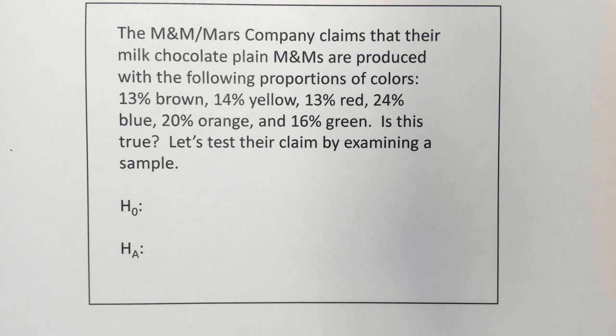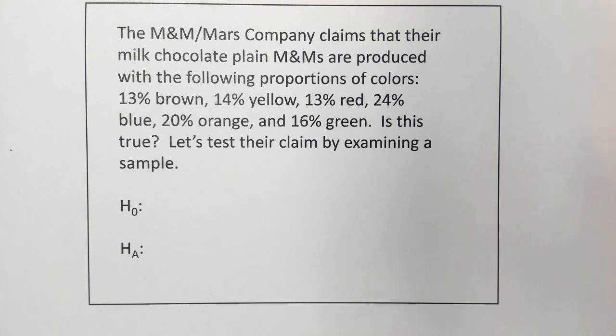So each person has their own individual baggie, but you might want to combine your M&M's with the other members of your group in terms of the counts. So tally up everybody's orange and everybody's red and everybody's brown and everybody's blue, and put those totals in your table, and then you all run the same numbers and you'll have a bigger sample size and a better inference procedure. That's what I would suggest.